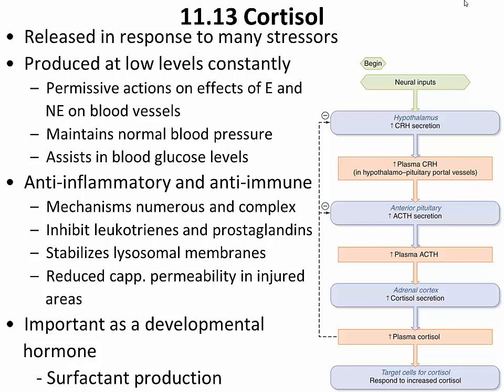Cortisol inhibits leukotrienes and prostaglandins. It stabilizes lysosomal membranes, preventing the release of their enzymes, and it even reduces capillary permeability in injured areas, reducing swelling associated with increased capillary permeability.